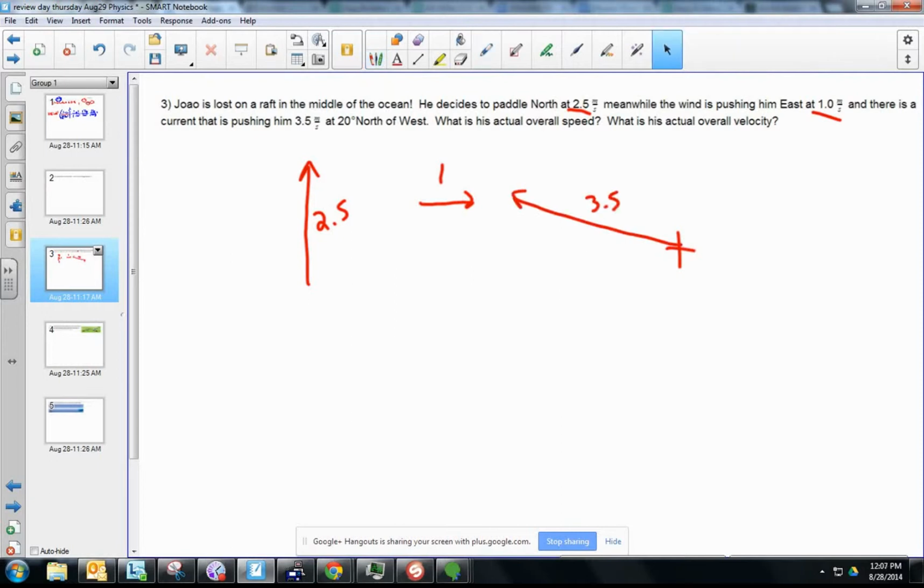Now what we're going to do is get the components. So we take this, and with the 20 degrees, we can do sine and cosine. What do we get for the west one? Anybody?